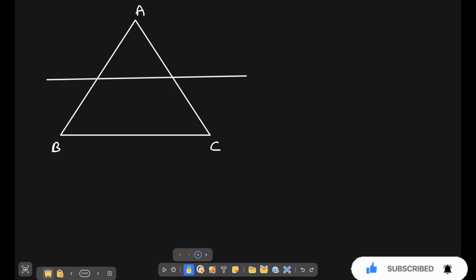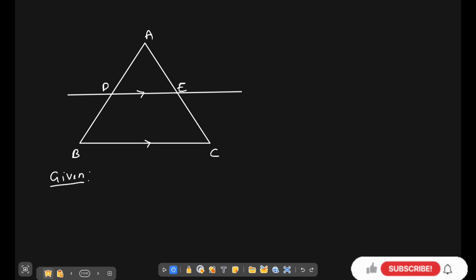ABC is a triangle and this is D and this is E. So this DE is parallel to BC and we have to prove that this D divides the AB side and AC side in the same ratio. So what is given here?